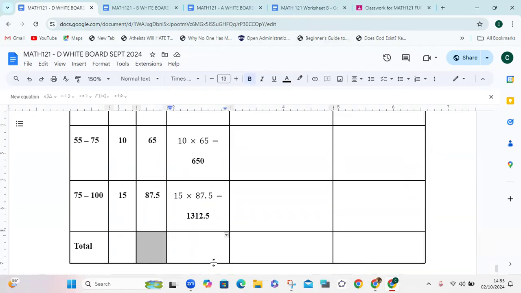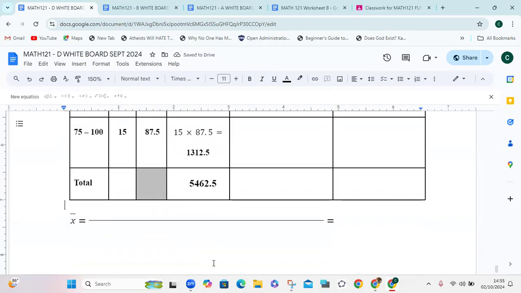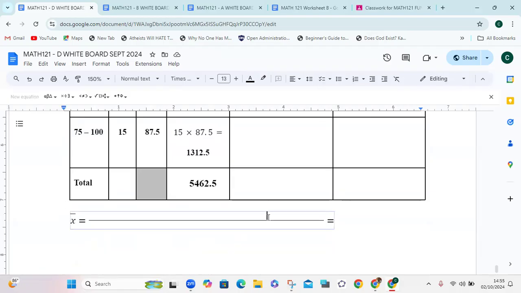So that's 5,462.5. And this number now will serve as our numerator. That's the sum of the fx's.